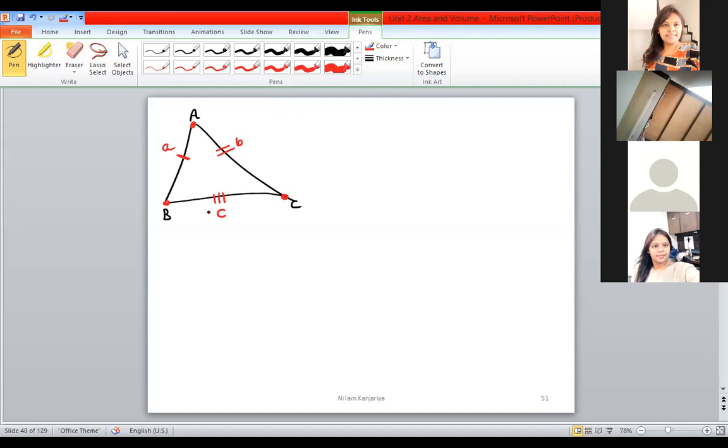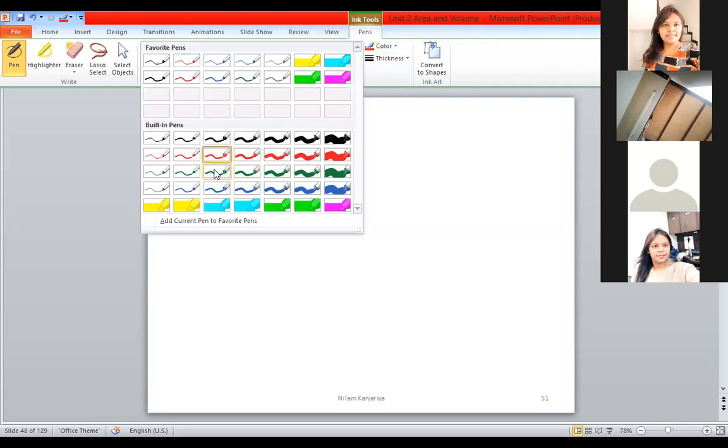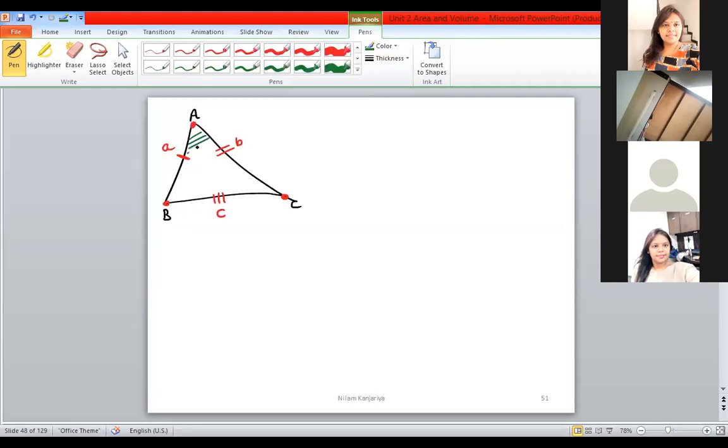If the sides are given and they ask you to find the area, area means this space. I want to find such a space.